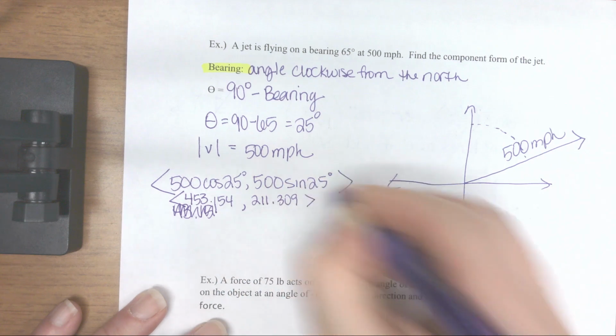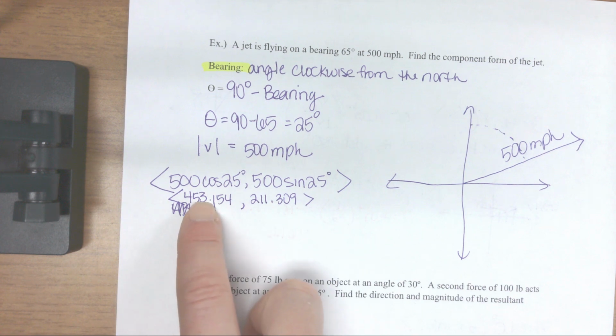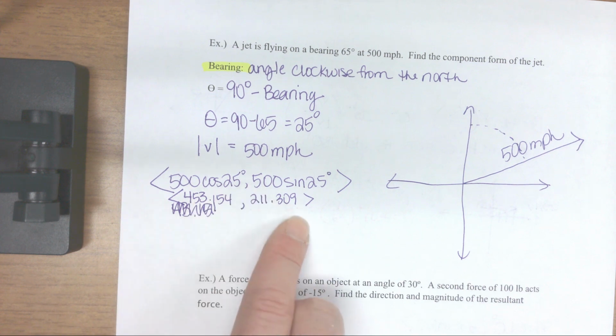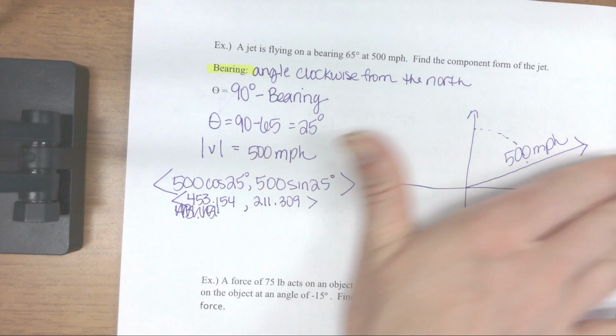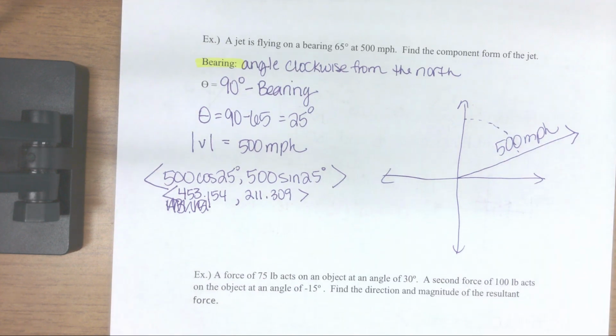Okay. So essentially, and I know it doesn't really work like this, the speed of the plane horizontally is this, and the speed going vertically is this, which makes sense because it is being pushed out more to the right than it is up.